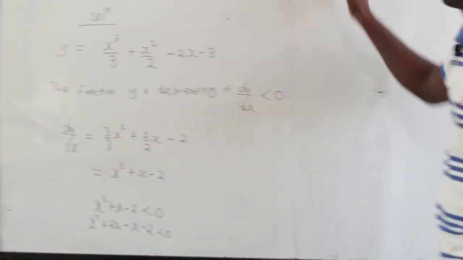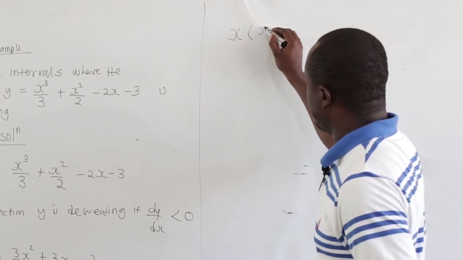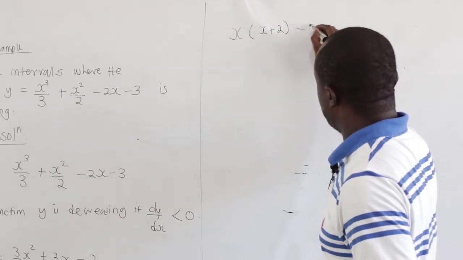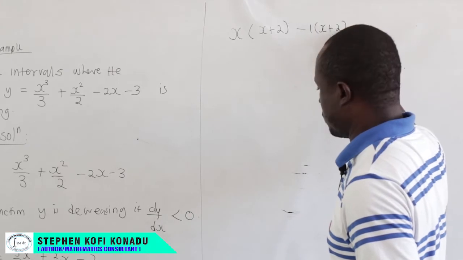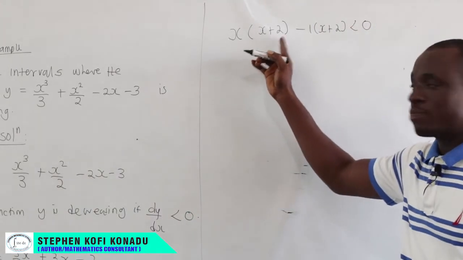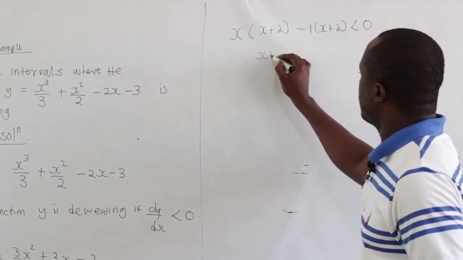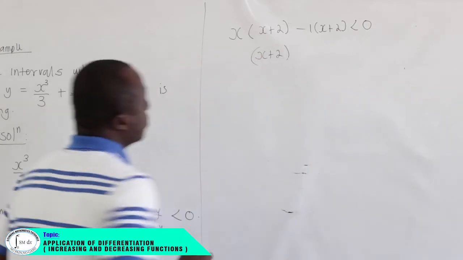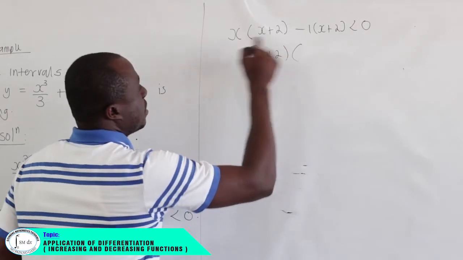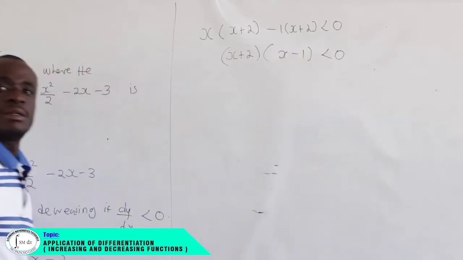Now from here, factorizing, we get x(x + 2) - 1(x + 2) < 0. Now what can we see here? x + 2 is common, so we factorize x + 2 out. What is left here? We have (x - 1) < 0.